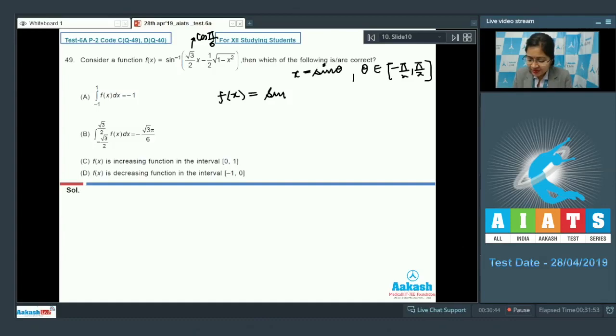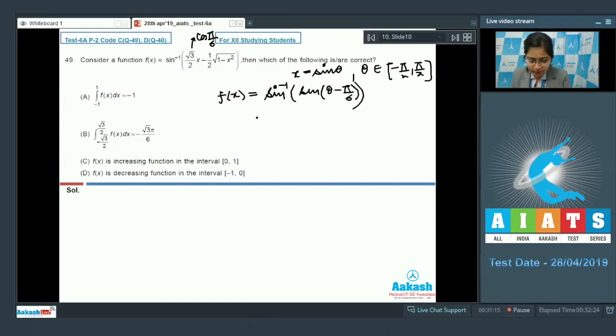So it can be written as sine inverse of sine of (theta minus pi by 6). Now here we know that theta is going from minus pi by 2 to pi by 2. So theta minus pi by 6 will go from minus 2 pi by 3 up to pi by 3.